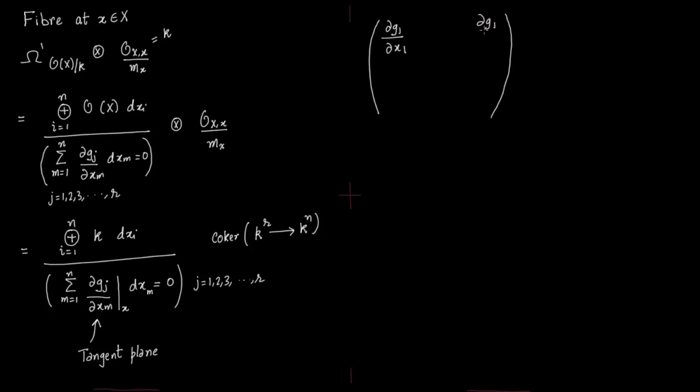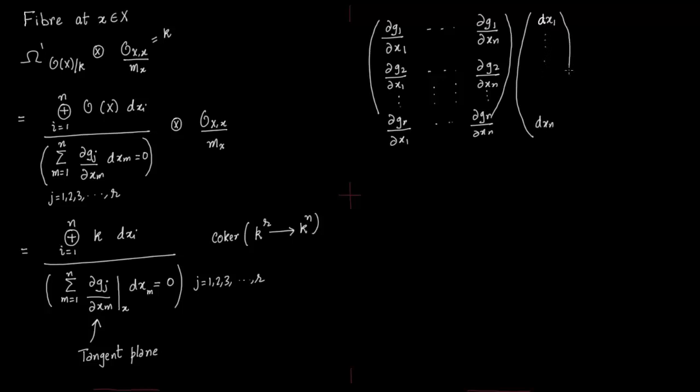First we write down the Jacobian matrix of all these g1, g2, g3 all the way to gr. Now we multiply it by dx1, dx2 all the way to dxn, and what you get is a series of r by 1 linear equations.